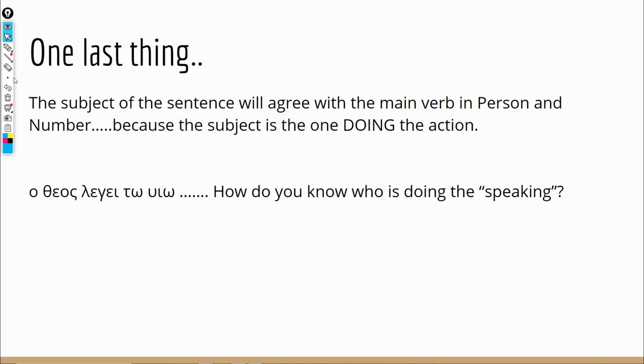So you can safely translate this as God, he said, or he is saying. He is saying, and this phrase here simply means to the Son. That's how we arrive at that translation.